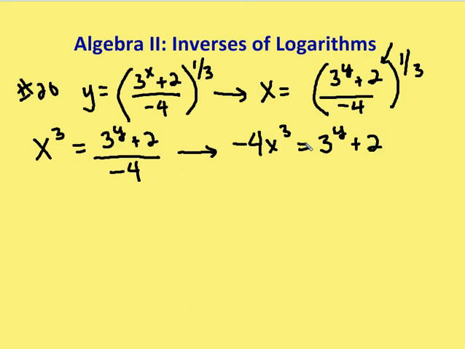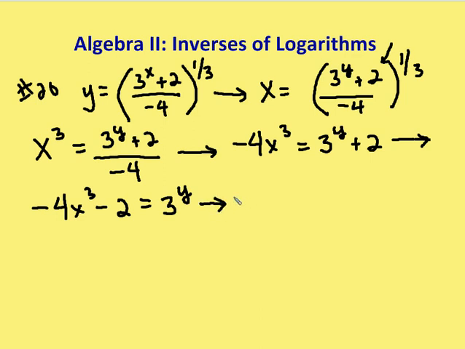Now I can subtract from both sides before I convert to log form. So I subtract 2 from both sides, and I have negative 4x to the 3rd minus 2 is equal to 3 to the y. Now that I have the single value taken to the variable exponent y, I can take the log of both sides.